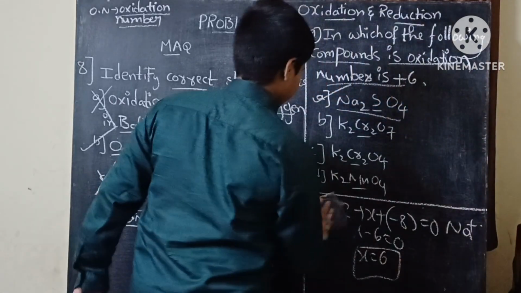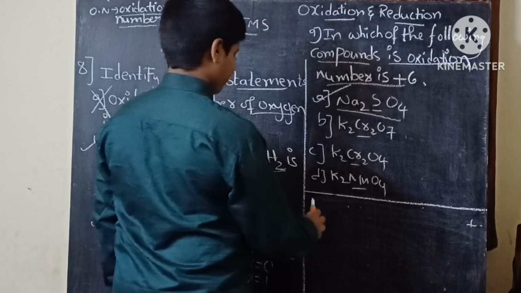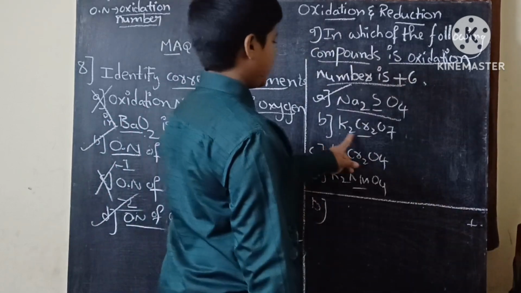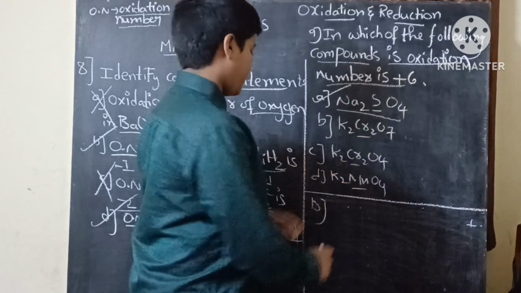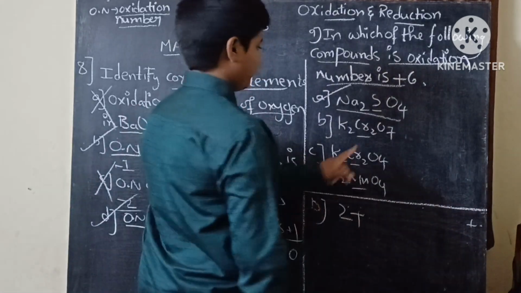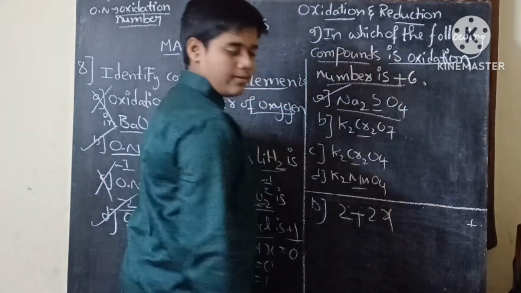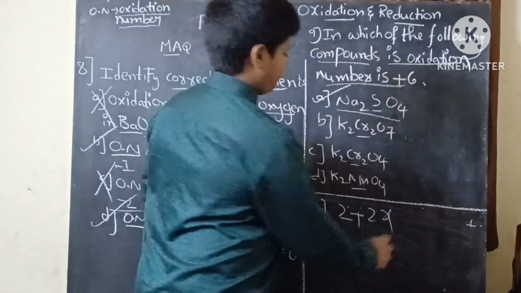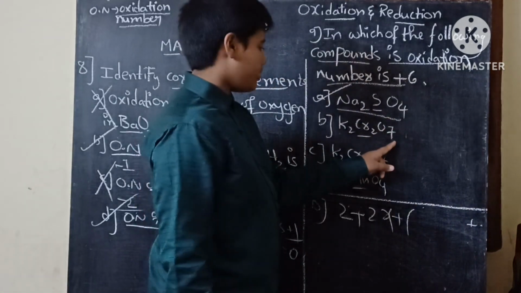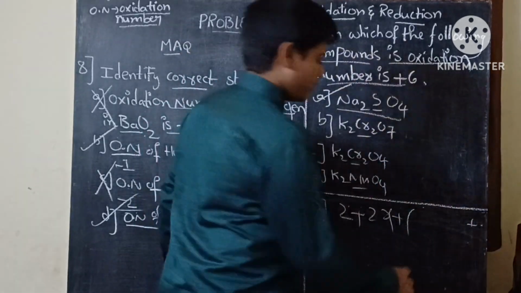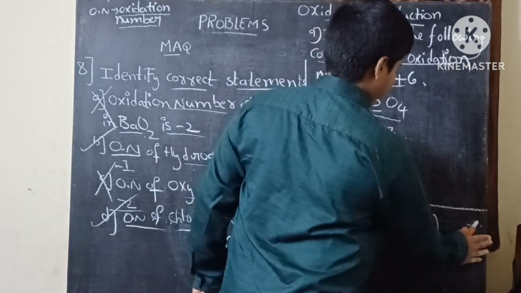And the second option, option B, K2Cr2O7. Here for 1 potassium plus 1, and 2 potassiums 2 plus, we have to find chromium and 2 atoms are there, so I am taking 2x, plus for 1 oxygen minus 2, 7 oxygens are there, so minus 2 into 7, minus 14, equals 0.